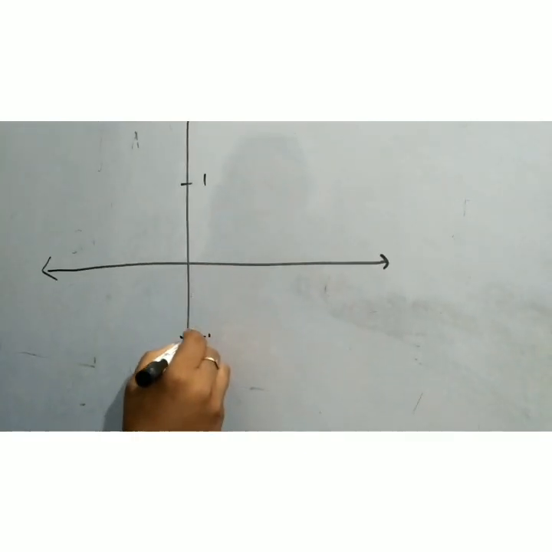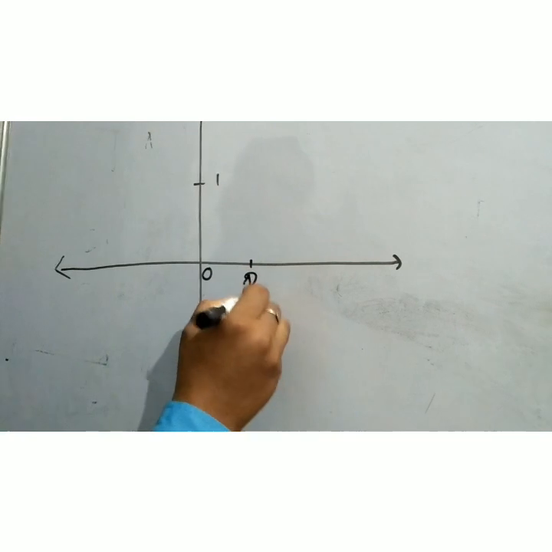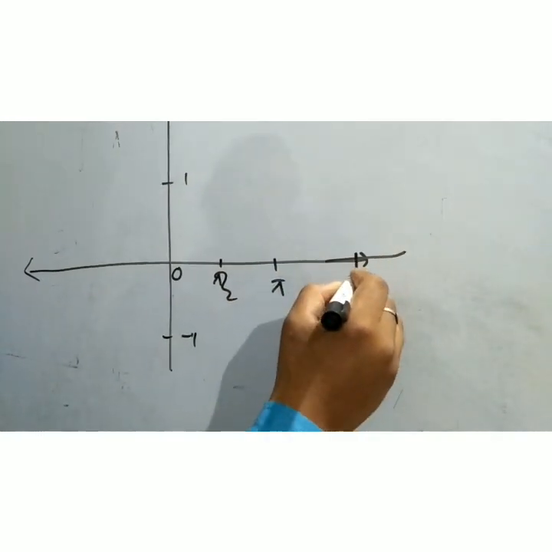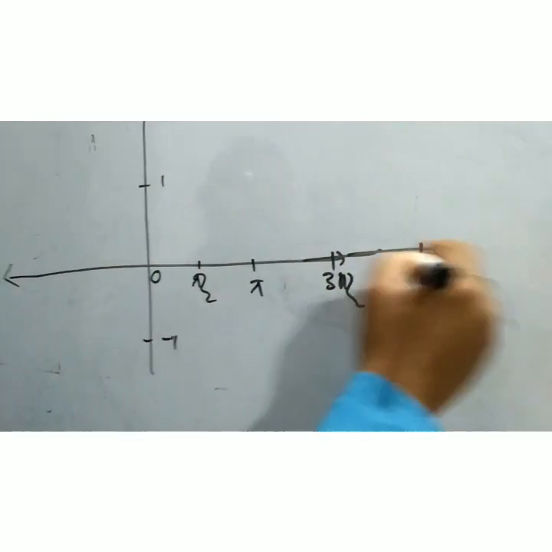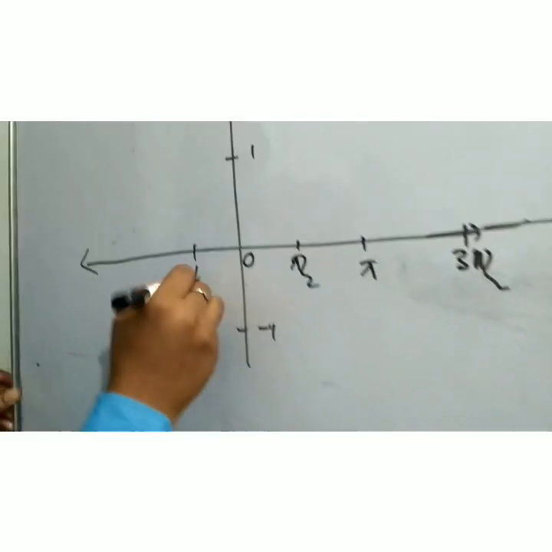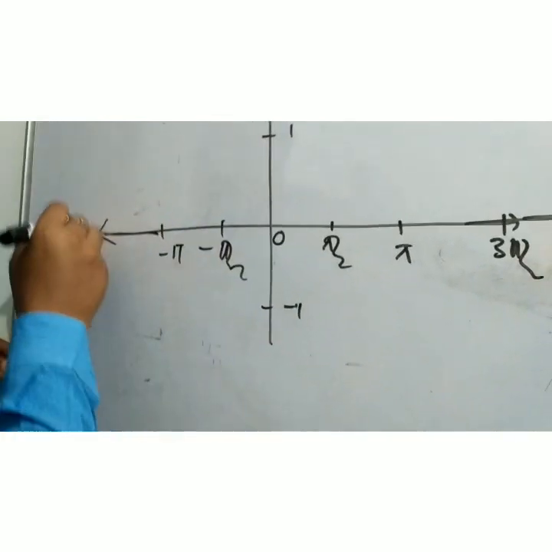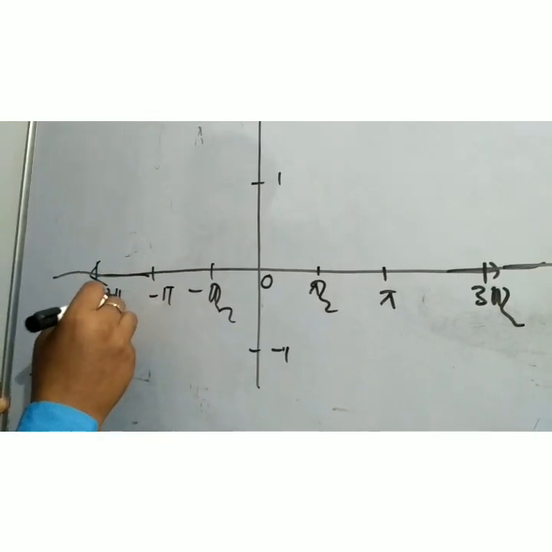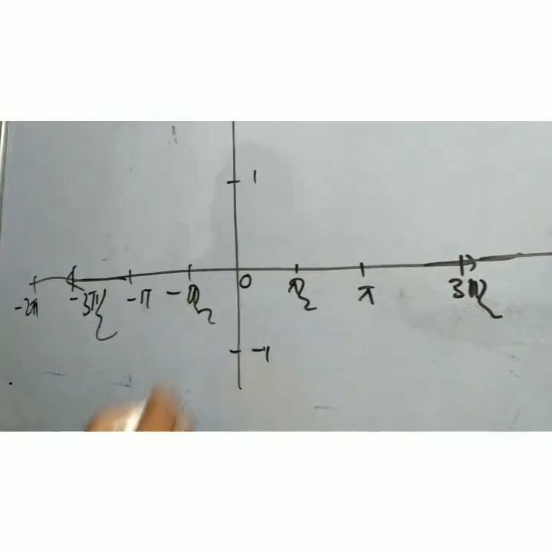Here, 1 and minus 1, then 0, pi by 2, pi, 3 pi by 2, 2 pi, and minus pi by 2, minus pi.